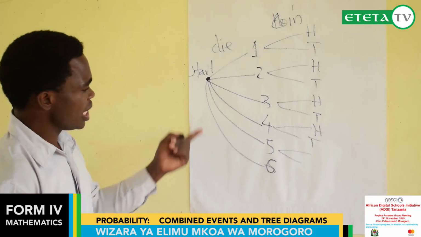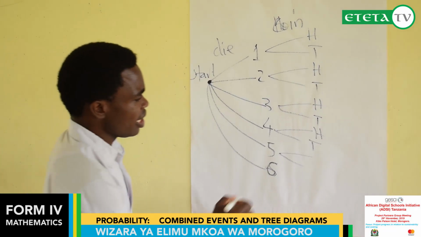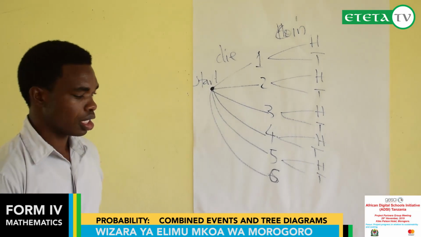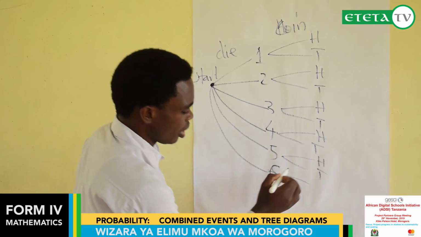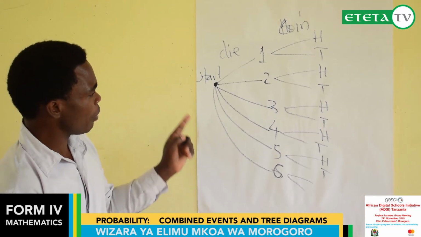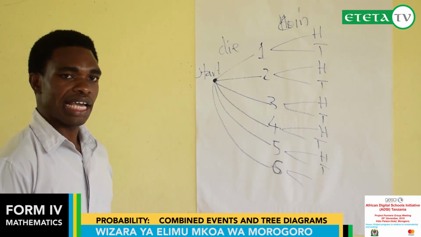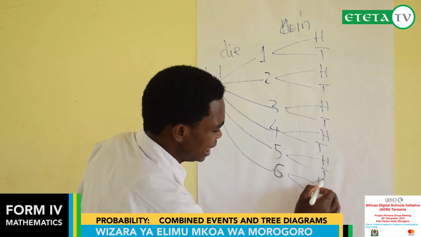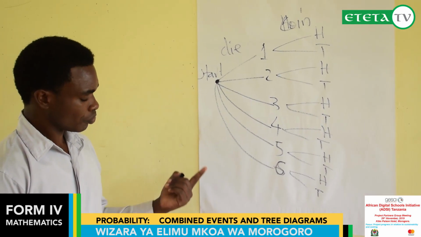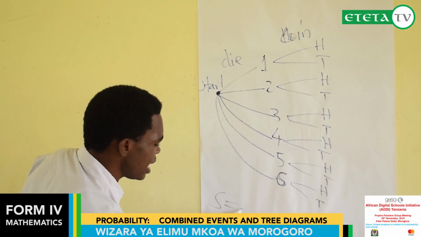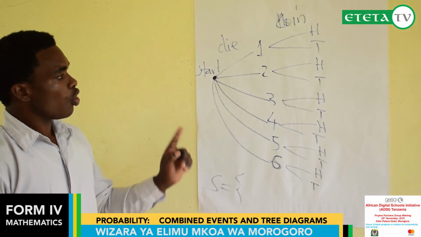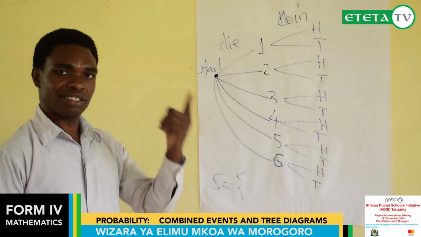As usual, when it appears 5 on a die, on a coin it can appear a head or tail. But also on the last possible number which can appear on a die, which is 6, it can go with a head or tail.